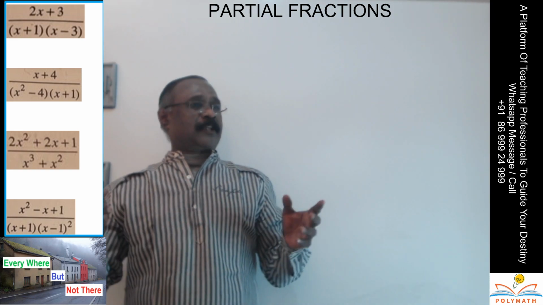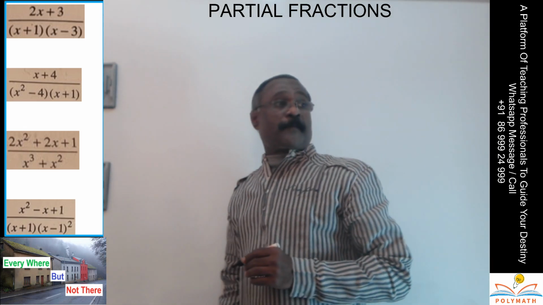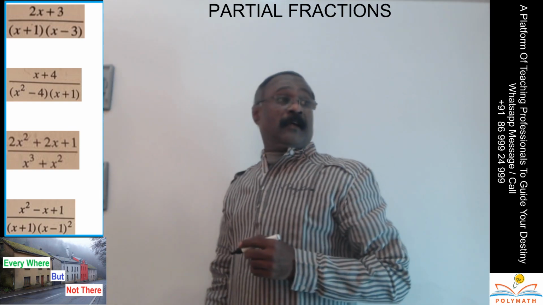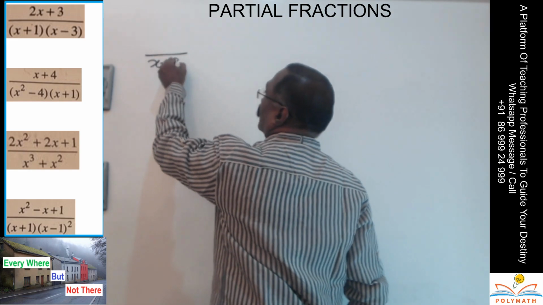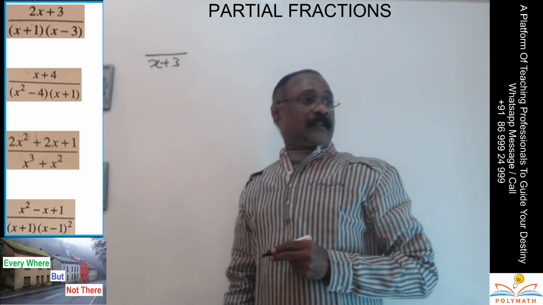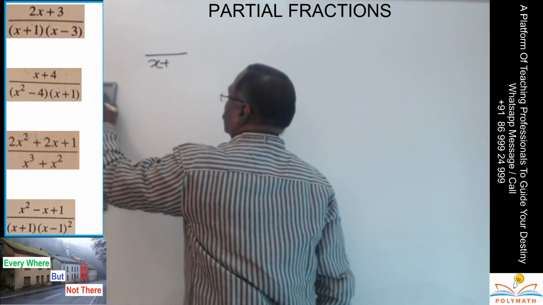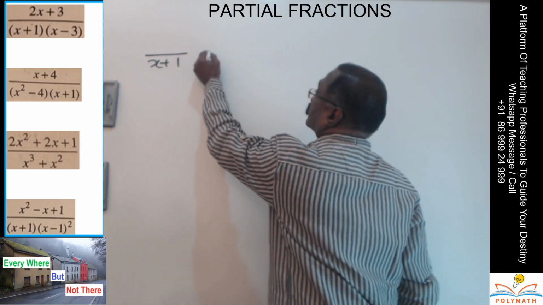So correspondingly, you write two fractions, one with x plus 1, the given factor, and the other one with x minus 3.